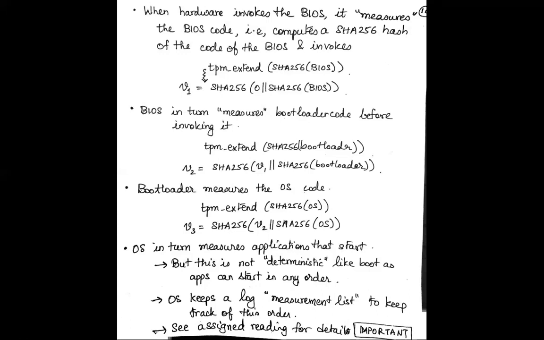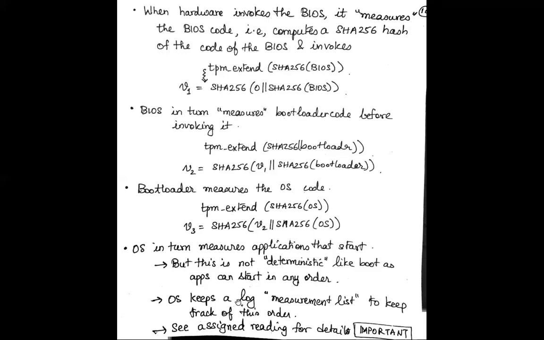And so, because it's not deterministic, you need to be able to replay it. And so, the OS actually keeps a measurement log or a measurement list to keep track of the order in which applications are started. I'm not going to be talking about this part over here. It's just a conceptual extension of whatever I'm going to be speaking about for the first three steps. But it is a very important part of real world attestation protocols.